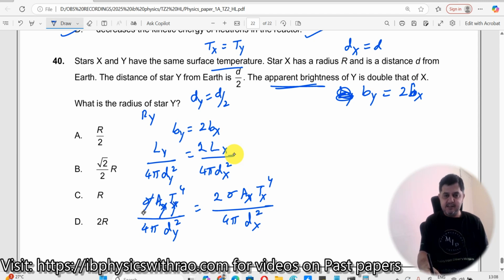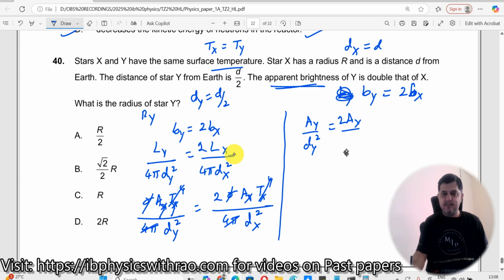Now you see the sigma goes away, 4 pi goes away, and we know that TX is equal to TY, so this also goes away. What am I left with? AY by dY square is equal to 2 times AX divided by dX square.